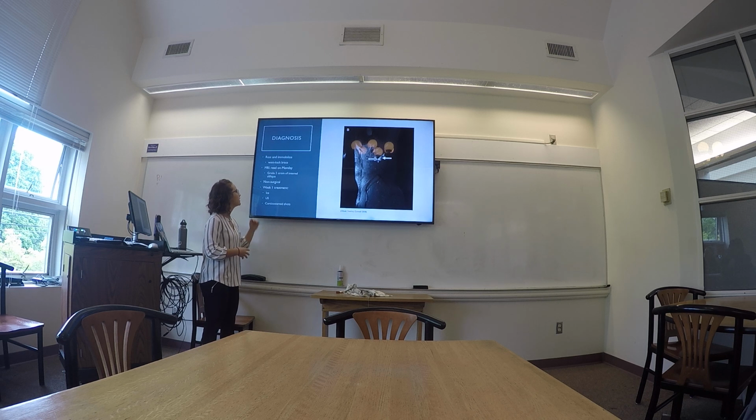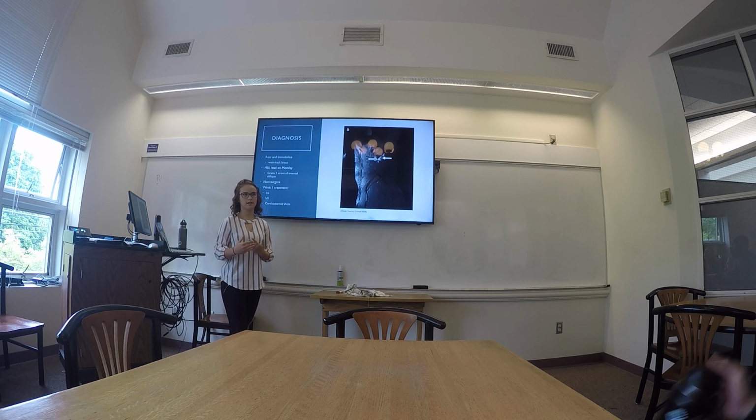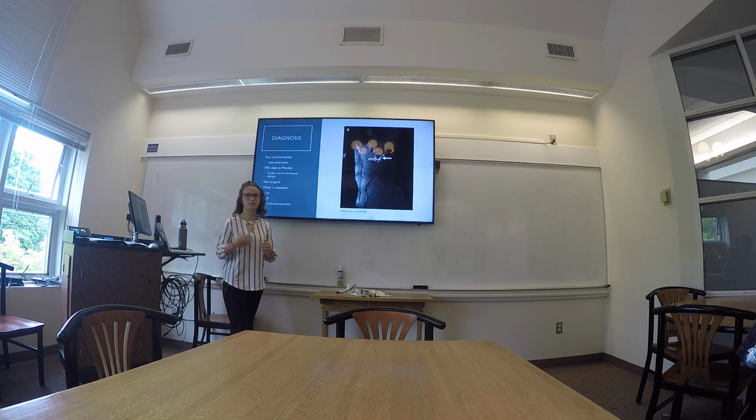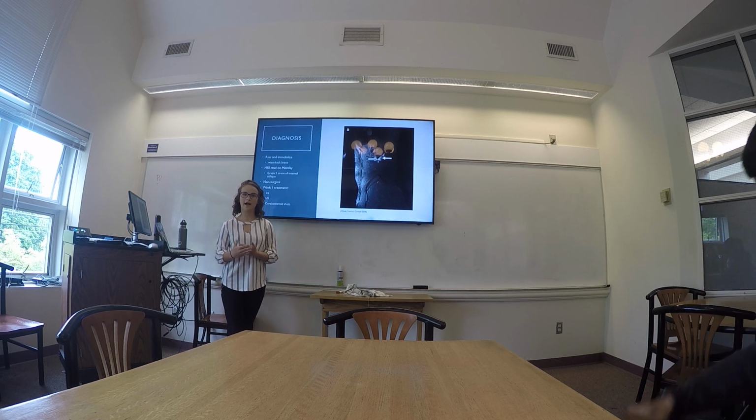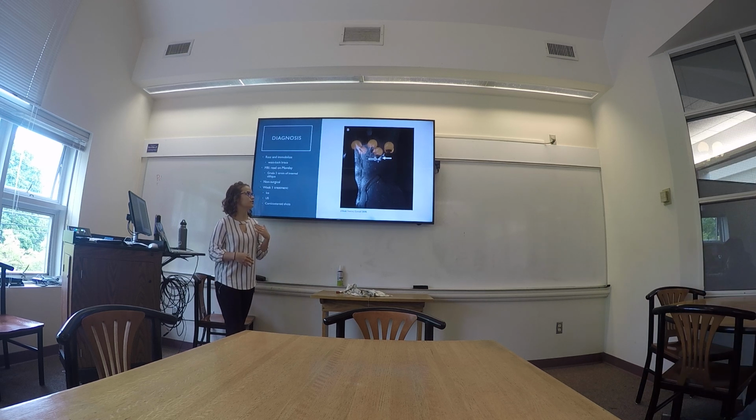And then we decided to go the non-surgical route because this type of strain is pretty easily recoverable just with rehab. So if the athlete's pain did not increase over the time of rehab, then the surgeon would allow us to continue with rehab. If it did, then he would reevaluate surgery as an option.